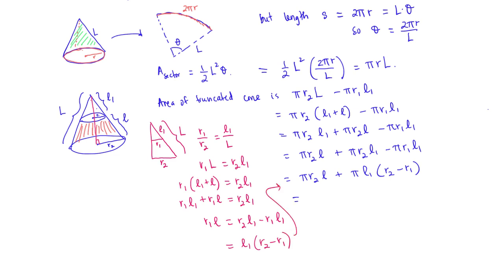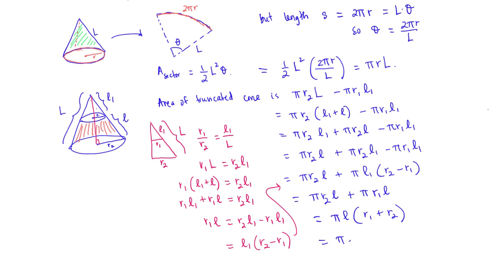And so the area of the truncated cone is now pi r2 l plus pi L1 times r2 minus r1, which is now r1 l. Factor out pi l. The inside factor is now r1 plus r2.